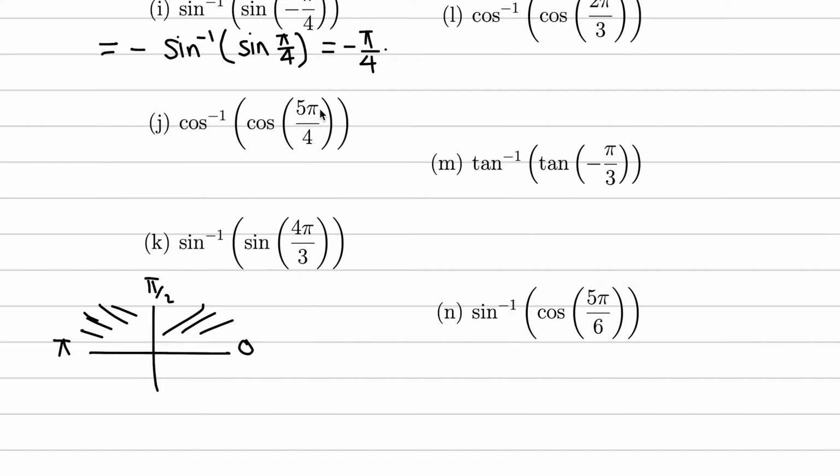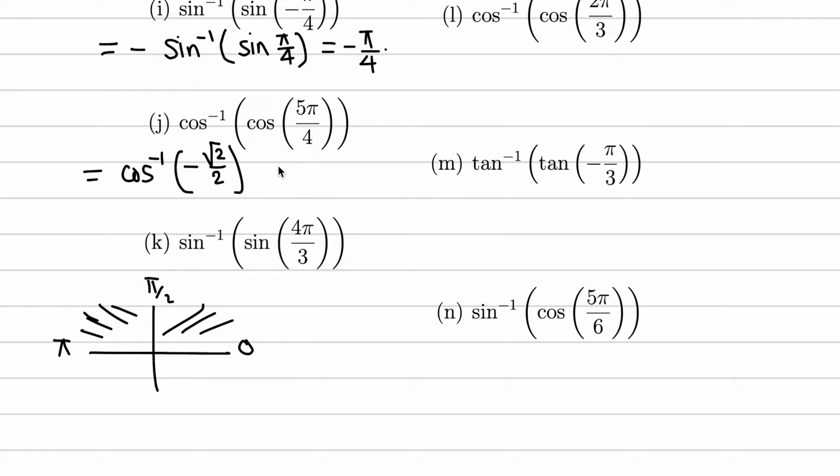But pi over 4 is a standard angle. Looking at a unit circle, we can find the value of cosine pi over 4. So let me do that. Cosine inverse of cosine pi over 4. Look at the unit circle. You will see the value negative root 2 over 2.